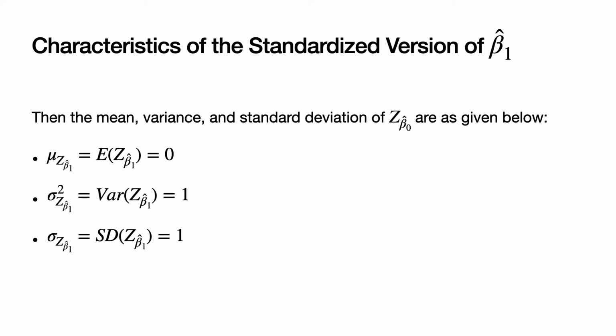And I see I have a little typo here. So we should have z sub beta 1 hat there in that line. So the mean of z sub beta 1 hat is equal to 0. The variance of the standardized version of beta 1 hat is equal to 1. And the standard deviation of the sampling distribution of the standardized version of beta 1 hat is equal to 1 as well.